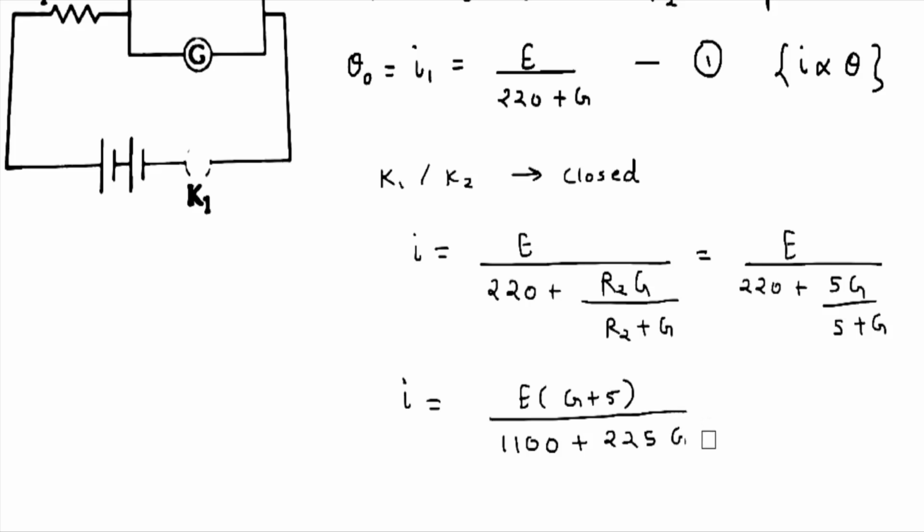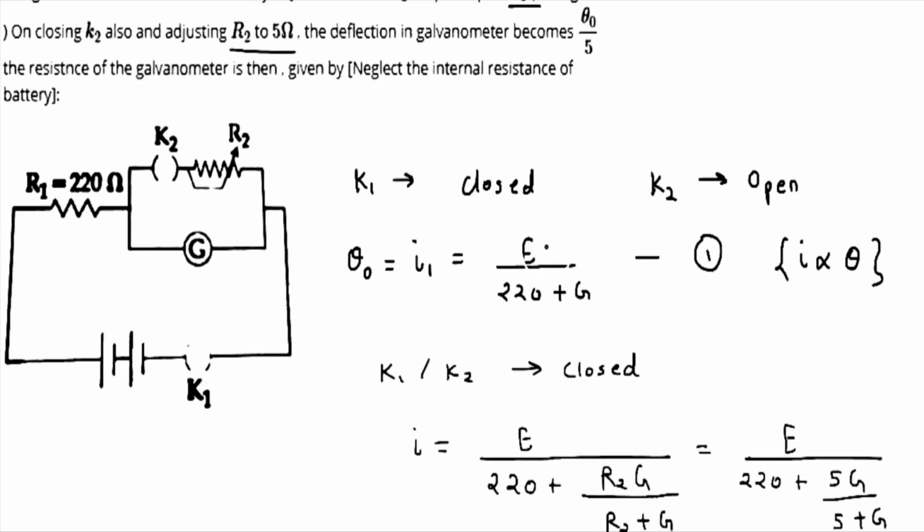Now in the second part we have been told that the deflection of the galvanometer is theta naught by 5. So the galvanometer shows deflection when the current passes through it. We have supposed that the current I is flowing through the circuit and this I gets distributed.